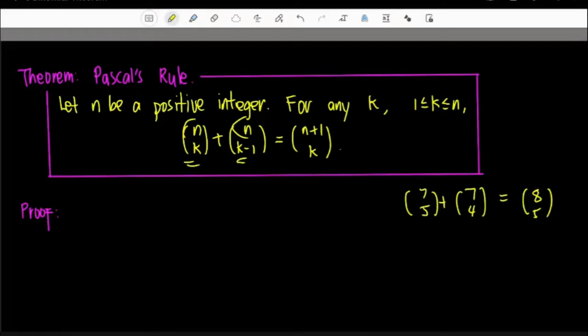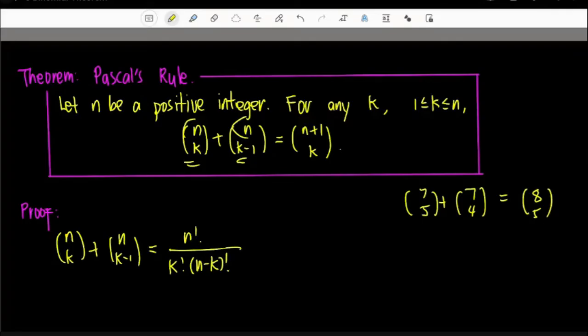Okay? So how do we prove this? This is really easy to show. We just have to start with the left hand side and try to work our way to the right hand side. So we have on the left n taken k plus n taken k minus 1. Well, by definition, of course, n taken k is n factorial over k factorial times n minus k factorial.